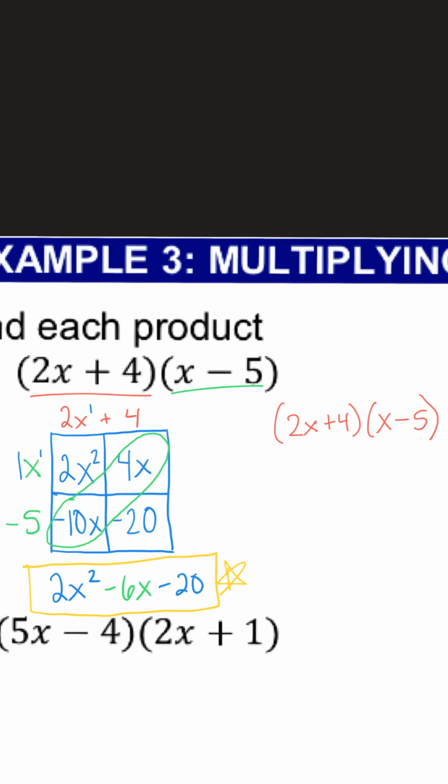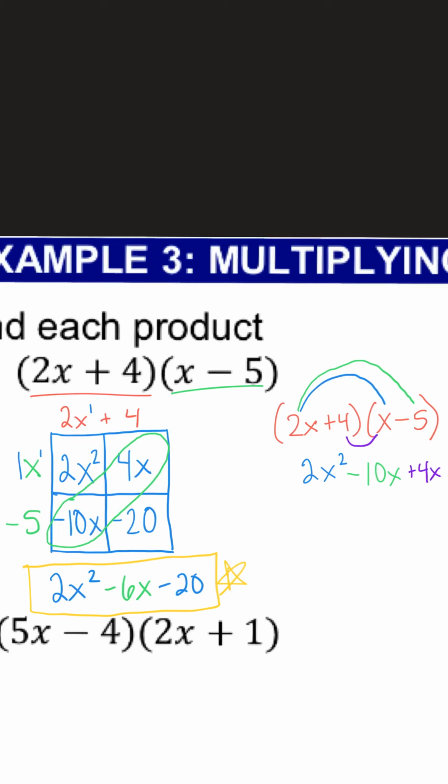What the FOIL method means is that we're going to take our first numbers and we're going to multiply them together. So 2x and x gives me 2x squared. Then I'm going to take my outside numbers, which is these guys. So 2x times negative 5 gives me negative 10x. Then I'm going to take my inside numbers, and that gives me positive 4x.